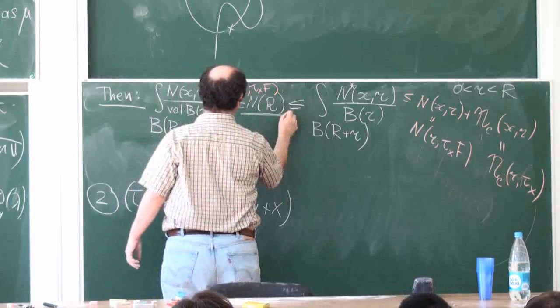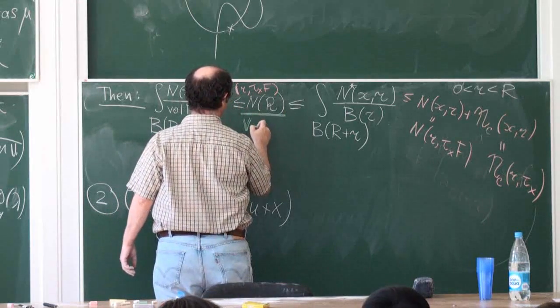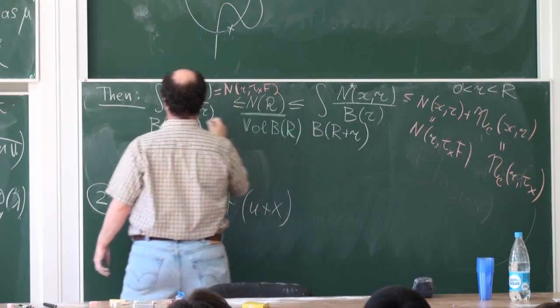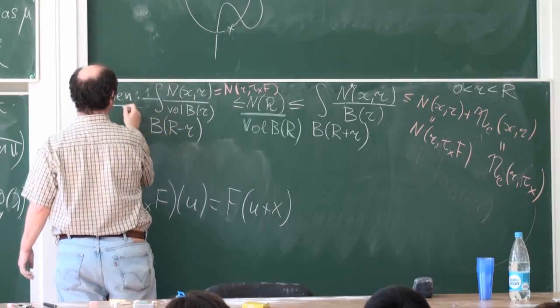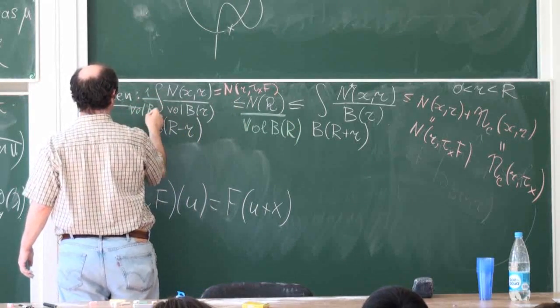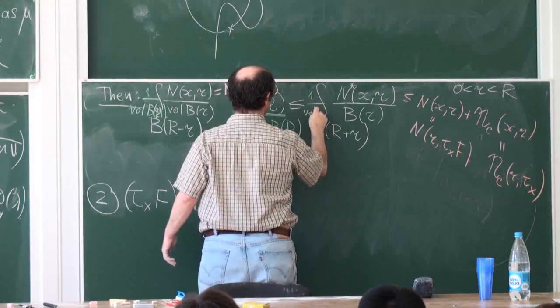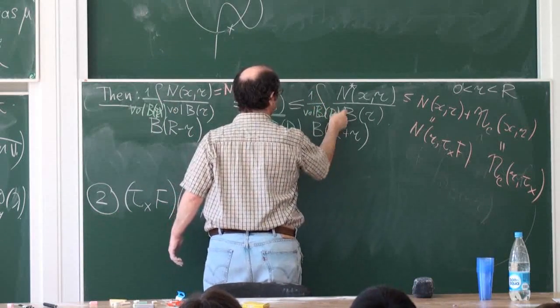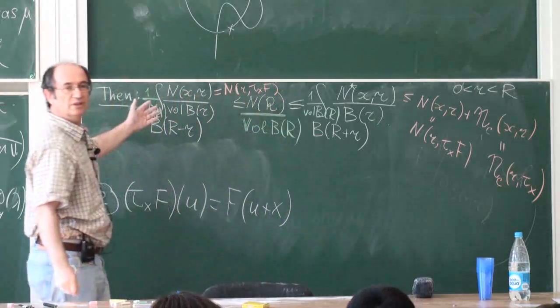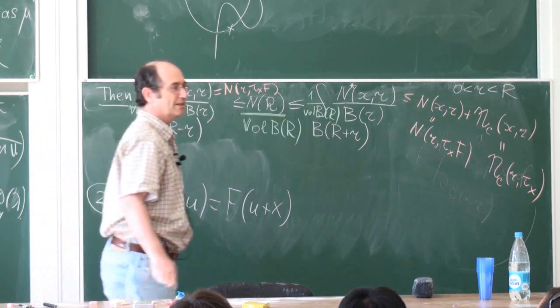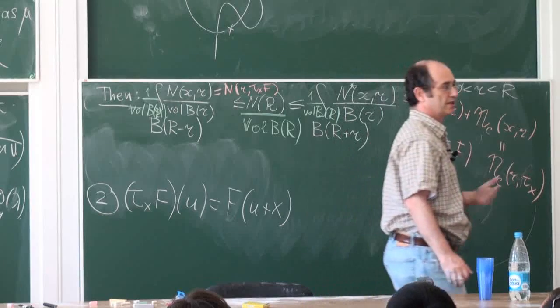So let me divide this by volume of B of R. So then I need to divide this by volume of B of R. And I need to divide this by volume of B of R. So what does it remind you? It reminds ergodic theorem. So our stationary process is Gaussian.